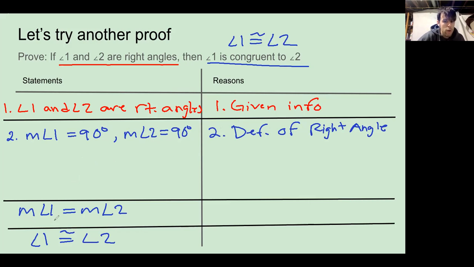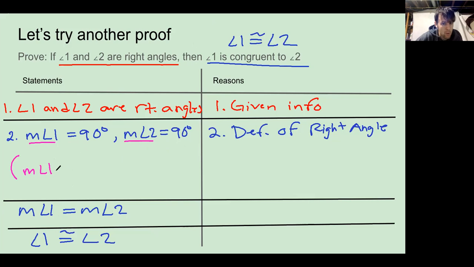keeping in mind where we're going, we want to get here. We want to say that the measurement of angle 1 is equal to the measurement of angle 2. We actually sort of are almost done. It may not be obvious here, but we could create a chain of equality. So this is some work off to the side. Using just these two statements, I could create a chain that would show me that angle 1 and angle 2 are equal, right?